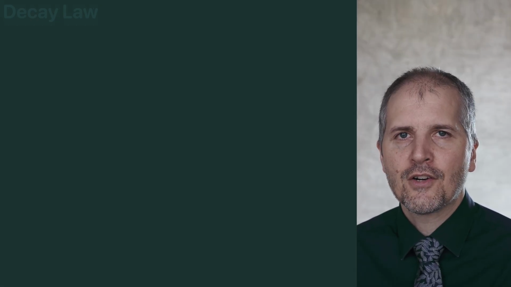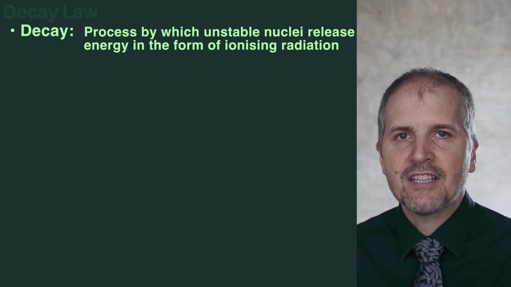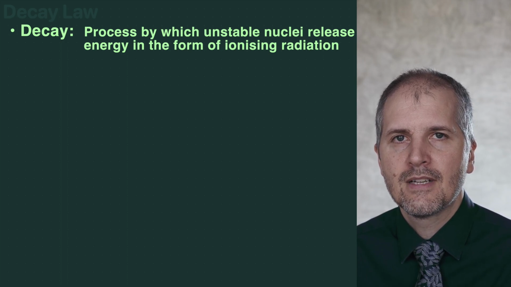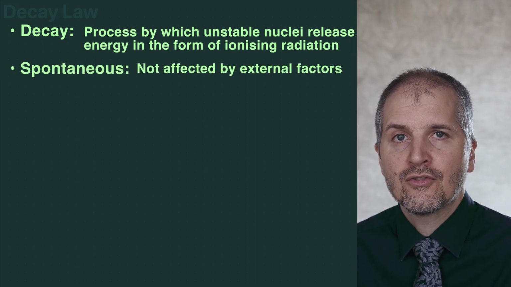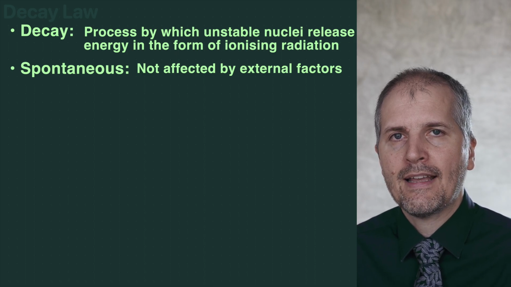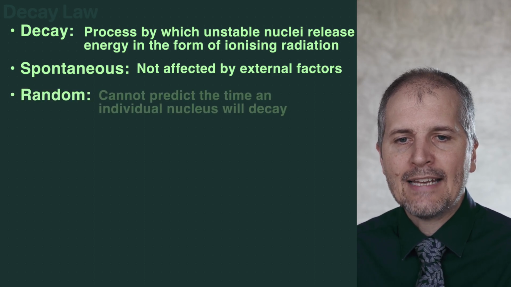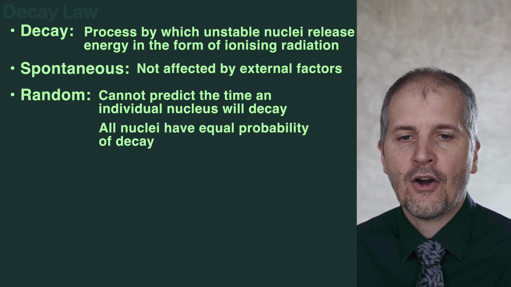And that's a good place for a recap. Decay, that's the process by which unstable nuclei release energy in the form of ionizing radiation. Spontaneous means that we cannot control what is happening. The decay is not affected by external factors. Random means we cannot predict the time for an individual nucleus to decay, and all nuclei have equal probability of decay.